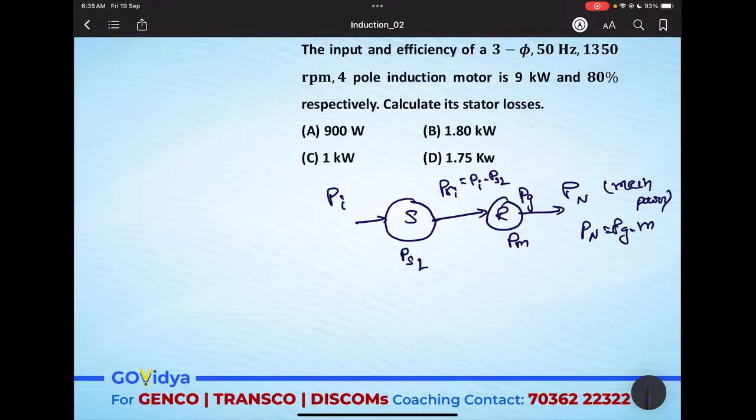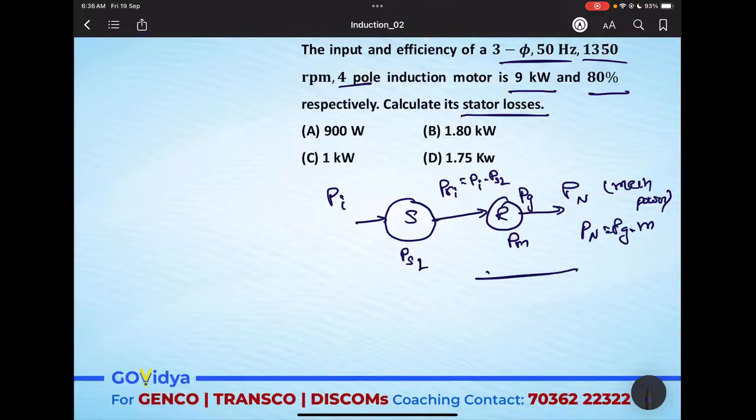If you see the given data, they gave the efficiency, the electrical input power, and the speed and poles. But what they are asking is stator losses, which is nothing but stator copper losses. There is no direct relation between the stator copper losses and the given data, so we need to come from the backward.